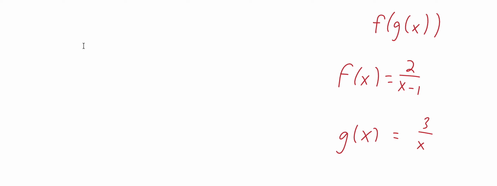So, first consideration for the domain is anything in the domain absolutely has to exist in the domain of the inner function. You have to get through the inner function in order to get to the outer function. So we have to first give consideration to the domain of g of x.